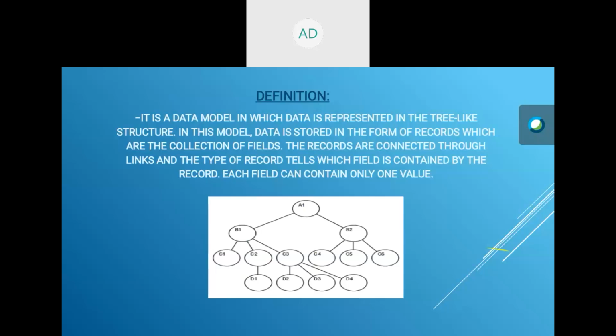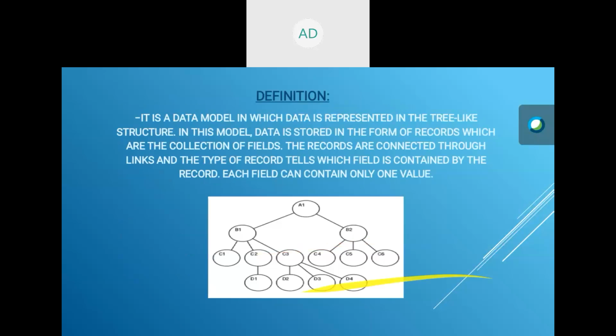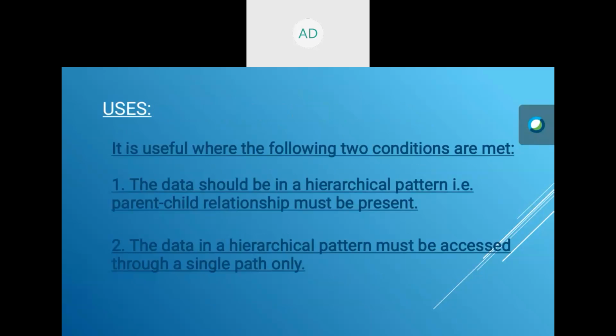So we can say the feature here is that we store data in the form of a hierarchy. Then a parent and child relationship must exist. Then we use pointers. Because the data is already saved, disk input and output is minimized. Then it's fast in navigation and it has predefined relationships. Next topic is usefulness.